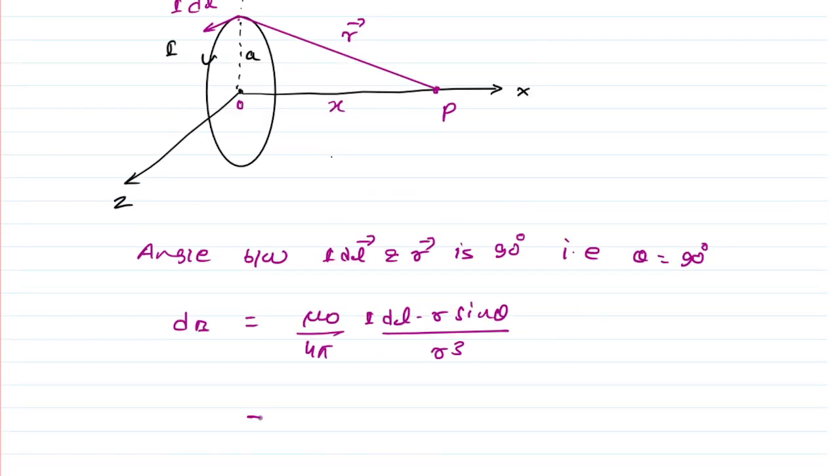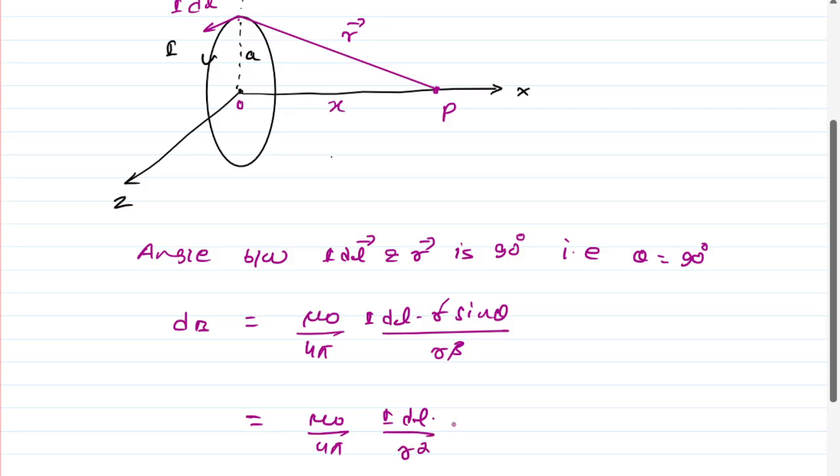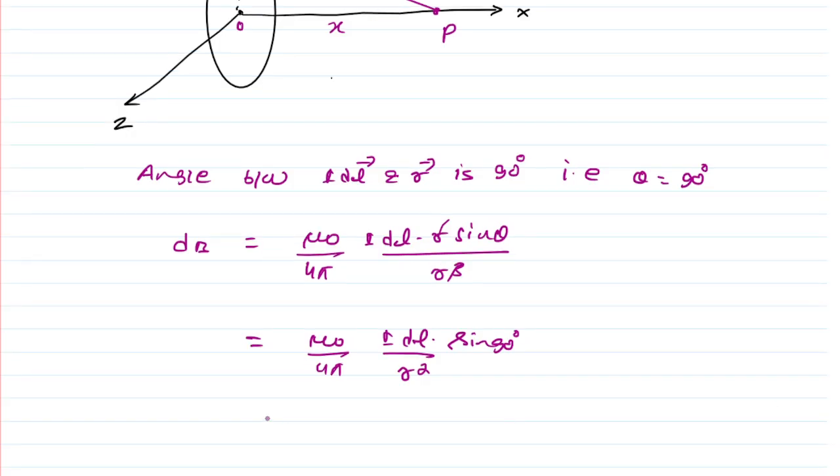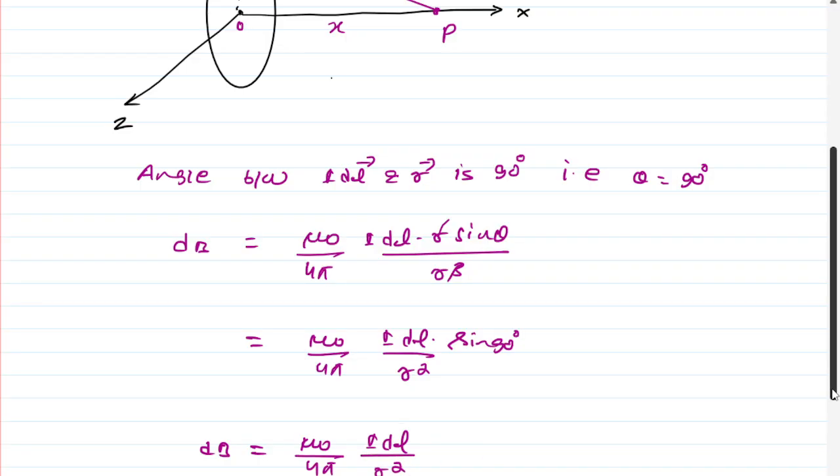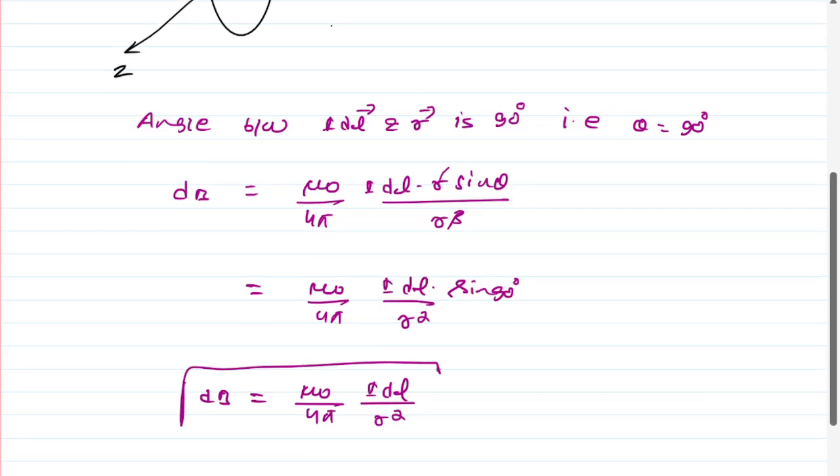Theta is 90 degrees, so mu naught by 4 pi I dl, one r will cancel, so r square, and sine 90 degrees will be 1. So directly we can write dB equal to mu naught by 4 pi I dl upon r square. So this is the expression of magnetic field.